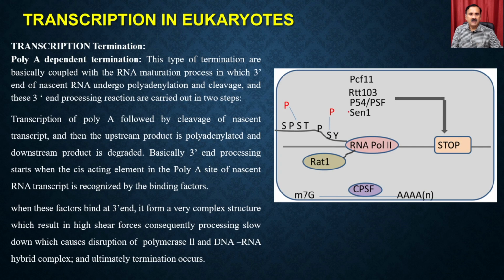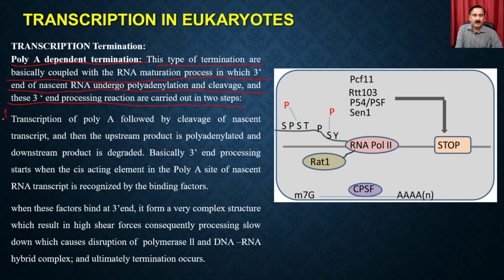So transcriptional termination can be poly-A dependent termination, which means it's going to form the polyadenylation at the end of the RNA, and that's how it's going to do the termination. This type of termination is coupled with the RNA maturing process, in which the 3' end of the nascent RNA undergoes polyadenylation and cleavage, and these 3' end processing reactions are carried out in 2 steps.